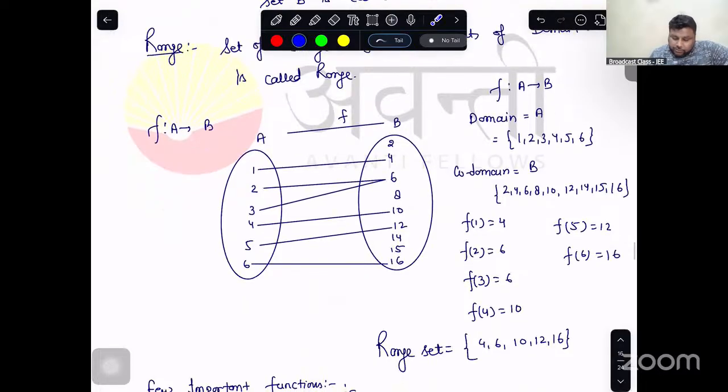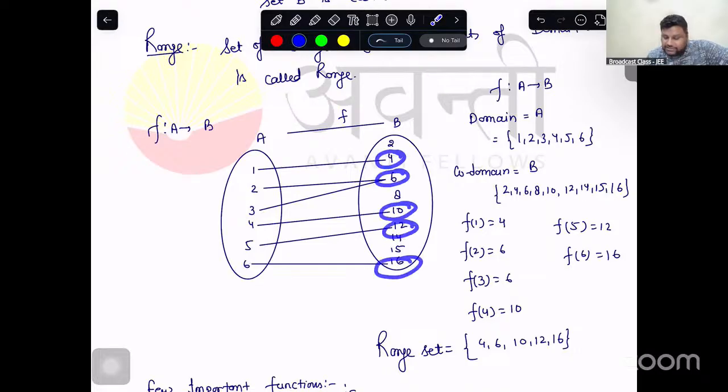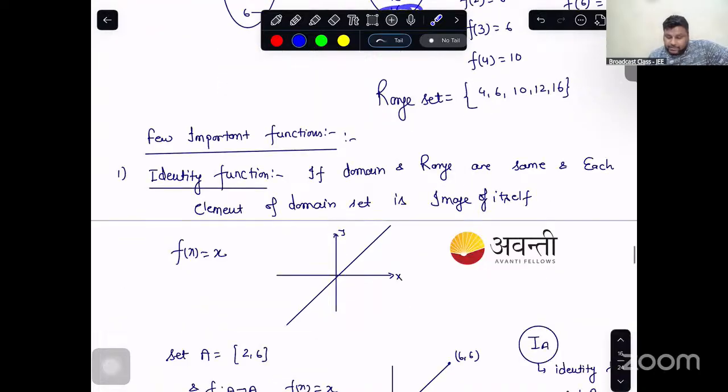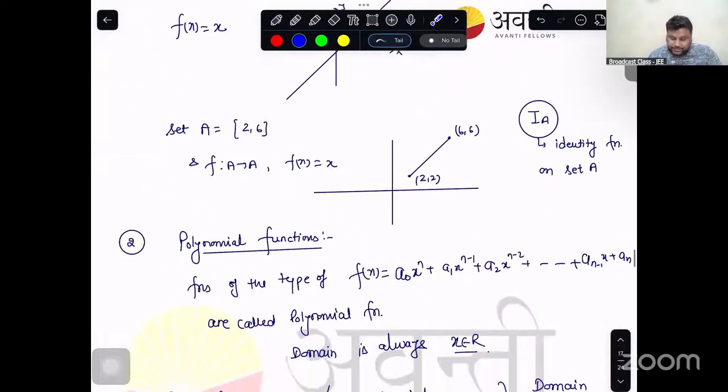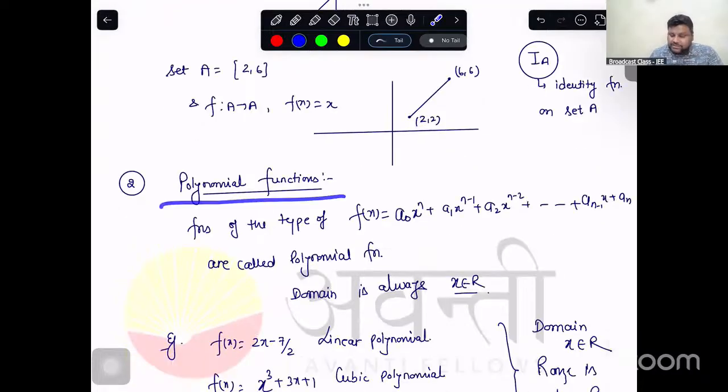The images of the elements of the domain set are called the range set. Like here, domain is 1, 2, 3, 4, 5, 6. Codomain is 2, 4, 6, 8, 10, 12, 14, 15, 16. But range is 4, 6, 10, 12, 16. Identity function I told you, simply the y = x function. Then polynomial function is this kind of function, the polynomial we have been doing since our 8th, 9th class.